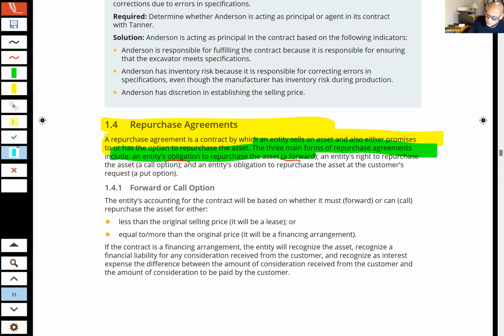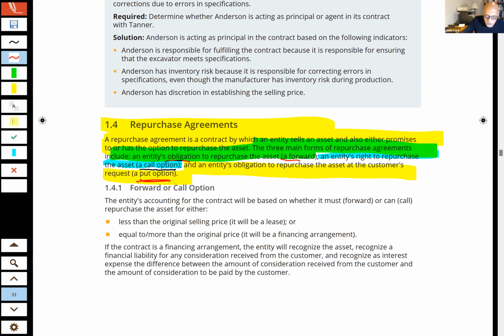The entity has the right to repurchase the asset, and that's a call option. So I can repurchase it if I want to. Or the entity's obligation to repurchase at the customer's request, meaning the customer can request me to repurchase that, and that's a put option.